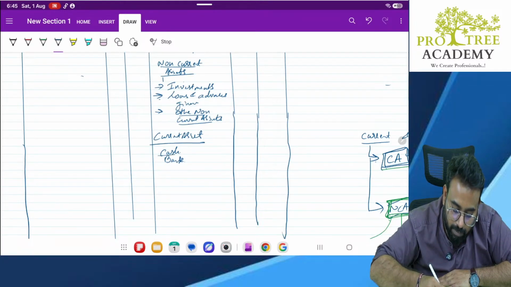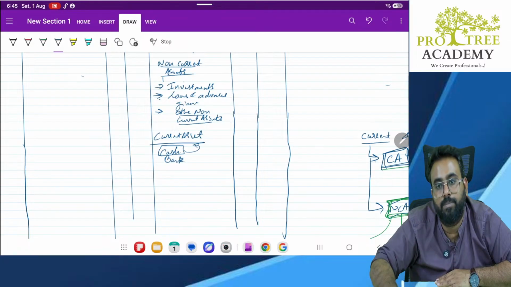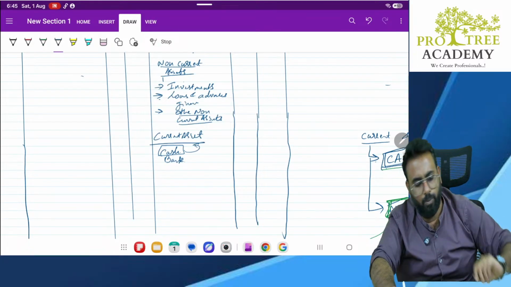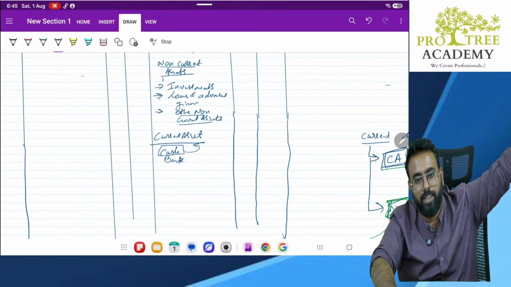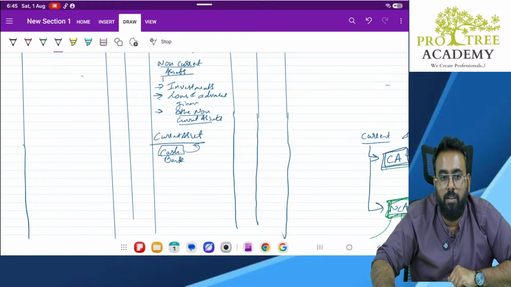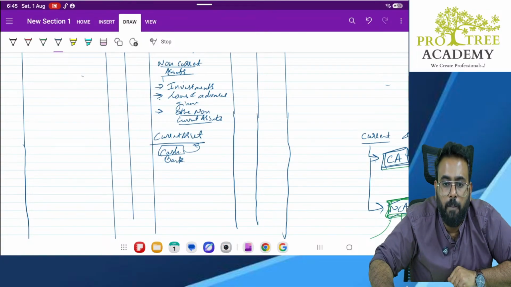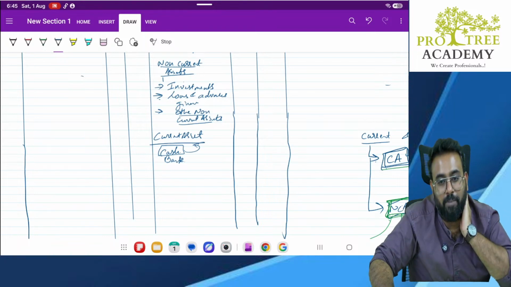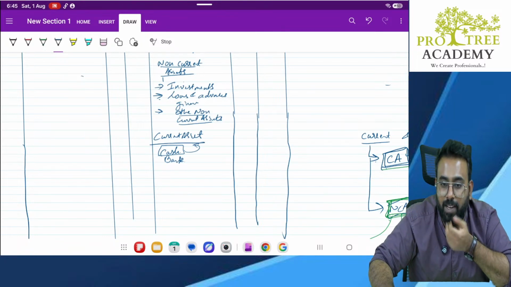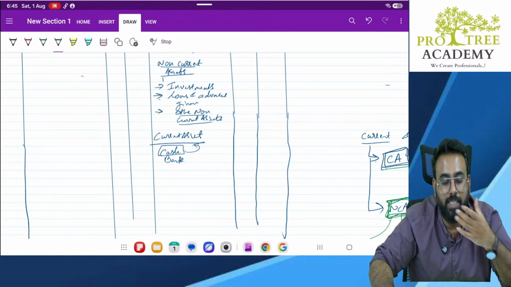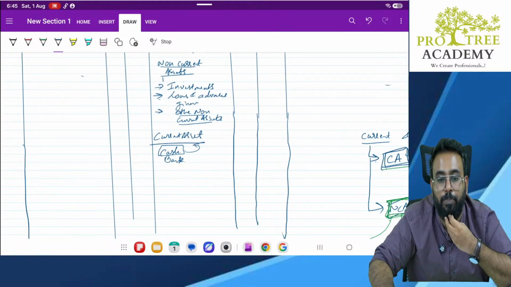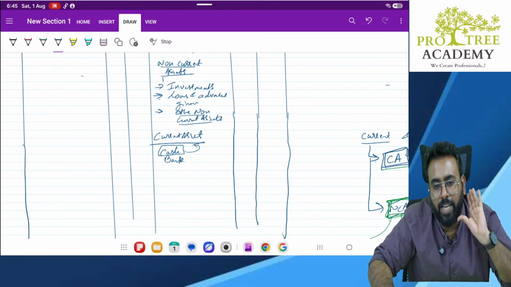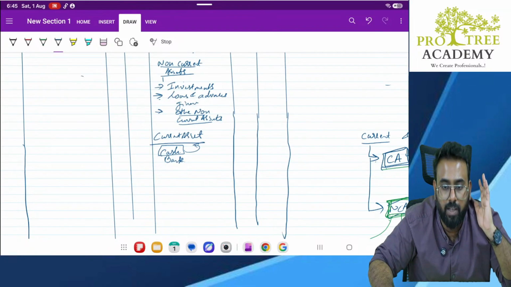So cash will always be considered a current asset because you can convert cash whenever you want. If you have cash, you can buy the plot. If you have cash, you can buy anything you want. Clear? So that is the concept of realization when it comes to cash.